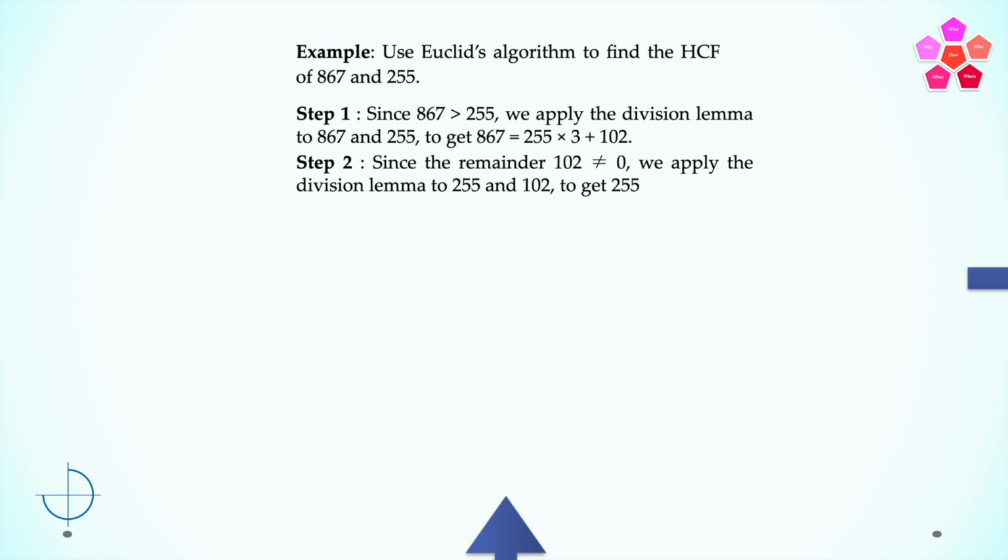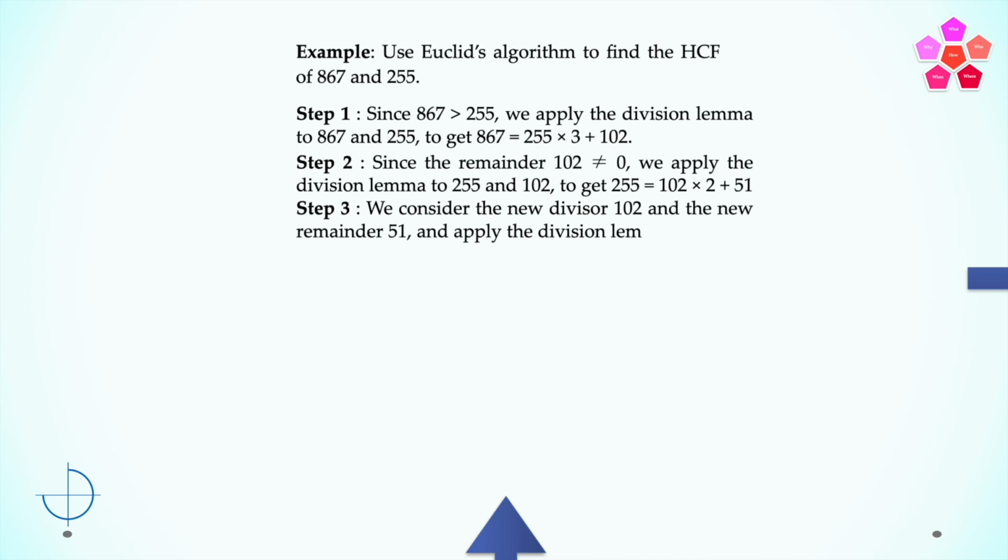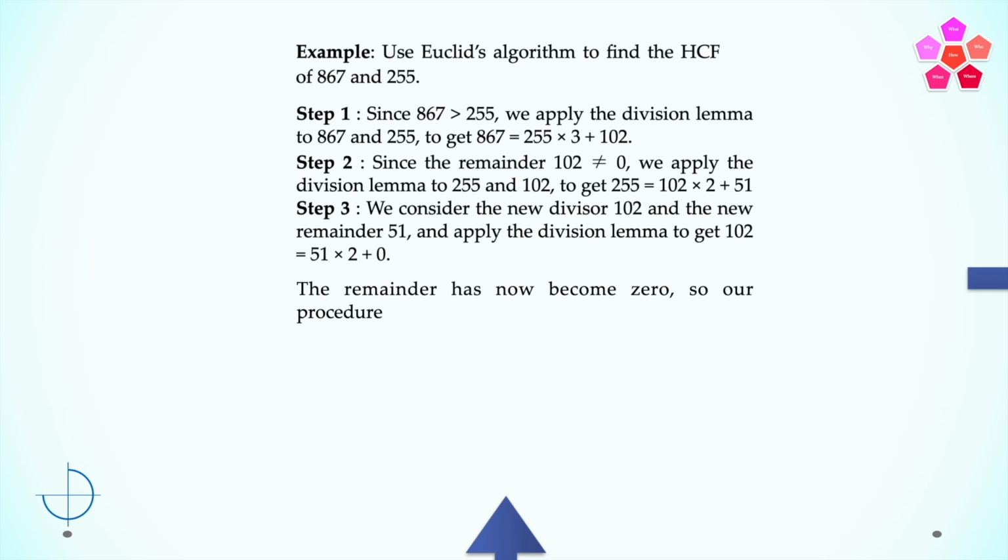To get 255 is equal to 102 into 2 plus 51. Now we again consider the new divisor as 102 and the new remainder as 51 and apply the division lemma to get 102 is equal to 51 into 2 plus 0. Now we see that the remainder has become 0, so our procedure stops.